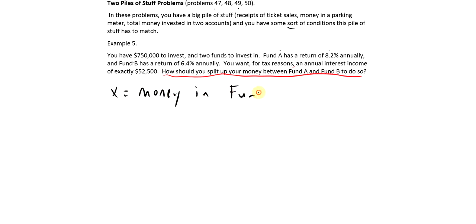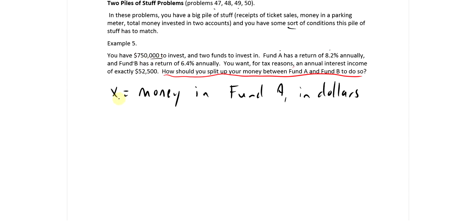So, we'll call the money that we put into Fund A X. And X is in dollars, right? It's the amount of dollars that I put into Fund A. So, how much then is in Fund B? Well, I have $750,000 total, right?